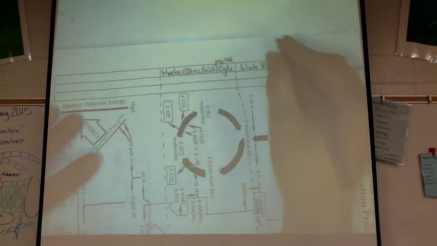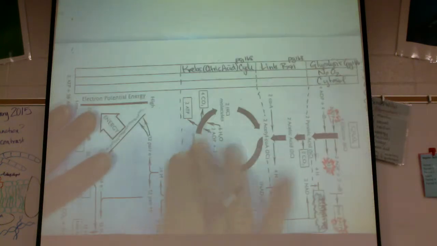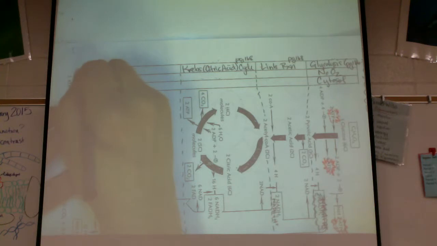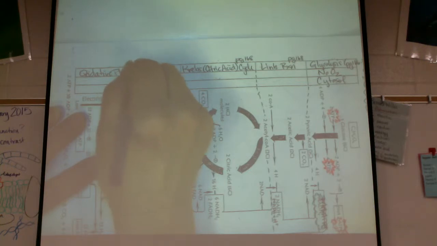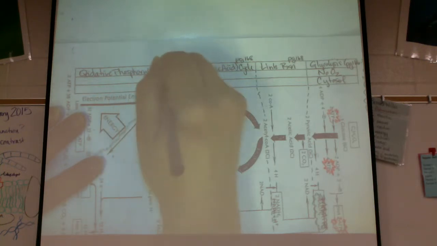The link reaction is also on page 168. It doesn't call it the link reaction, but the information is there. And oxidative phosphorylation is on page 172.